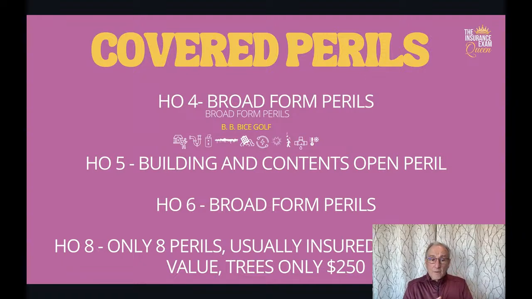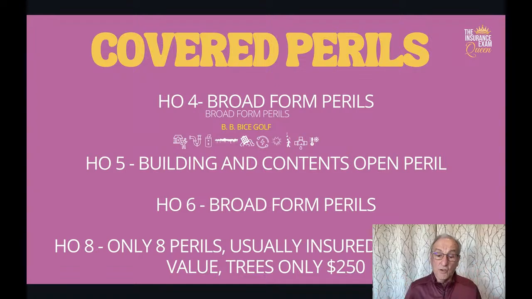HO5. Now, that's something a homeowner would buy, but what makes HO5 different is we don't have a DP5. What we did is we took open perils that were on the building of an HO3 and put open perils on all our stuff, on all our contents. Because I'm a big shot, right?